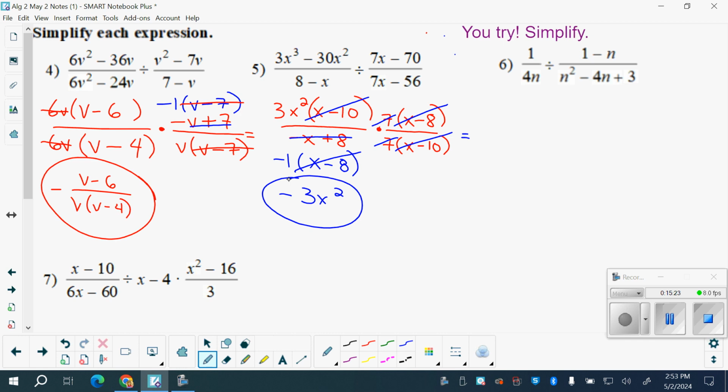How'd we do? Great. Really easy to forget the negatives. So just put the negative in the front because you factor out a negative there to be able to cancel those. Okay.